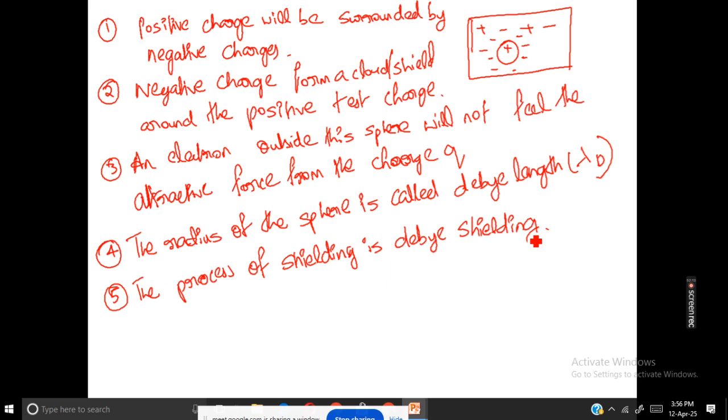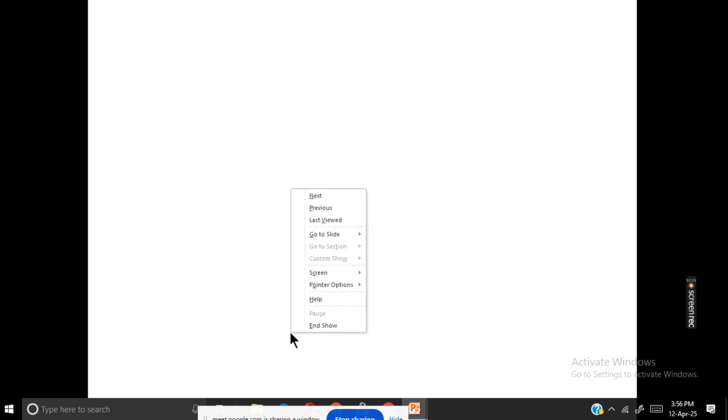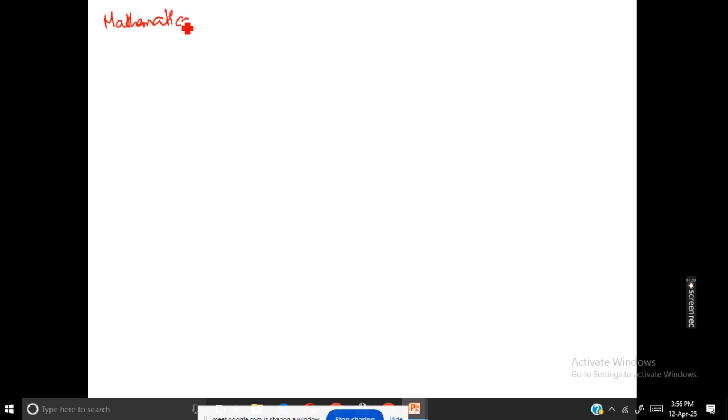Now let's find the expression for the Debye length lambda D, which is the distance after which the effect of the positive charge won't be felt.